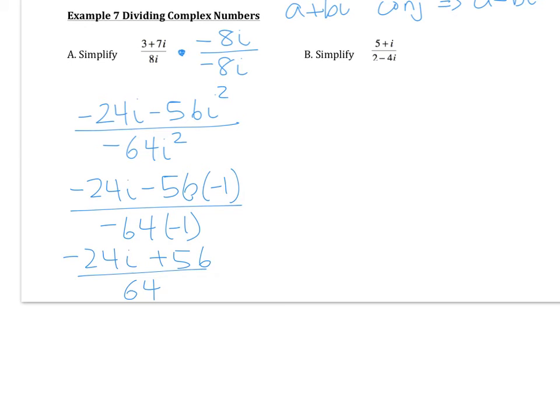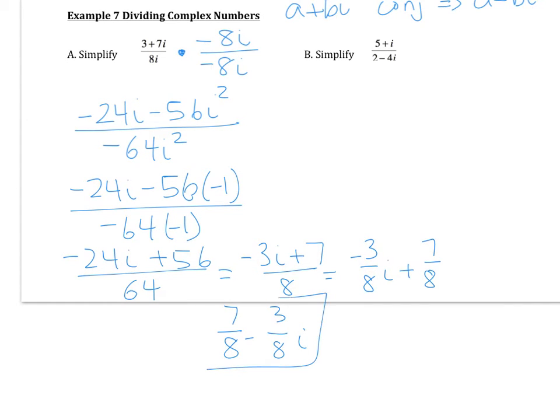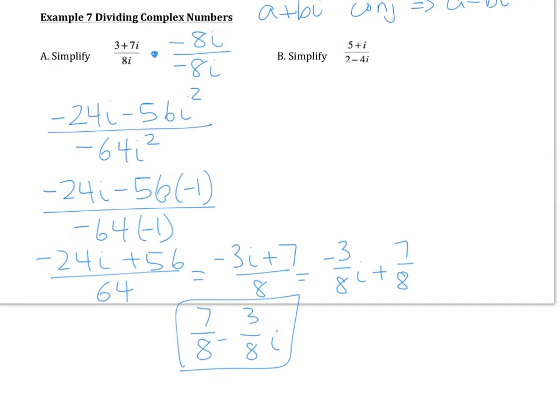Can reduce that all by 8. And you'll see that the book will separate that into an i term and a real term. And once again, we should write it in a plus bi form. So yes, these are a little long.